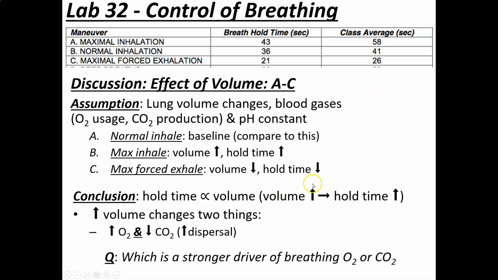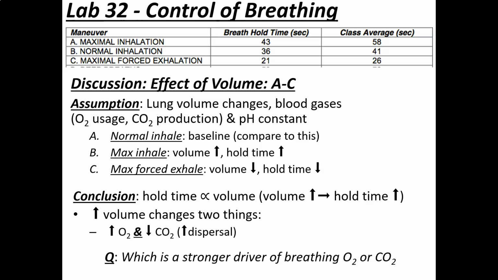So you could argue it's the CO2 that happens when you have a larger lung volume. You have less CO2, so you can hold your breath longer. And basically, all we can tell from this experiment, the way we've done it for the first three conditions, A, B, and C, is that the bigger the lung volume, the longer you can hold your breath.